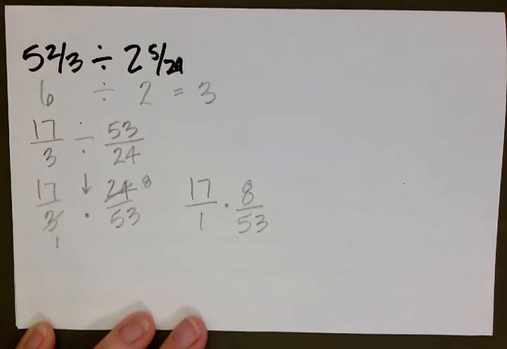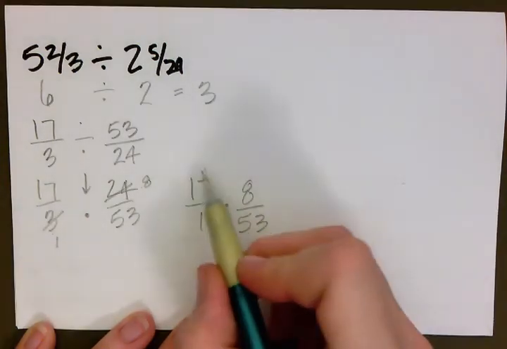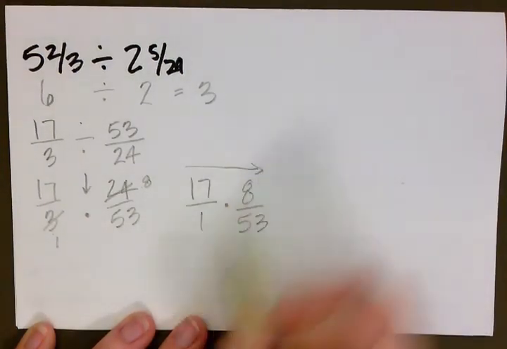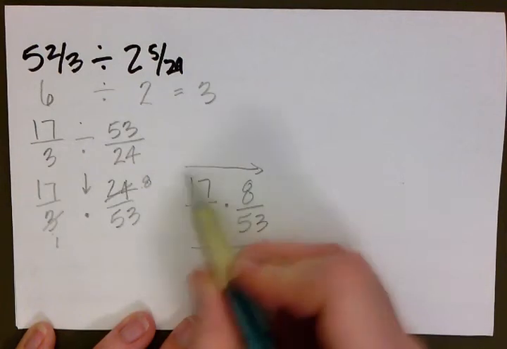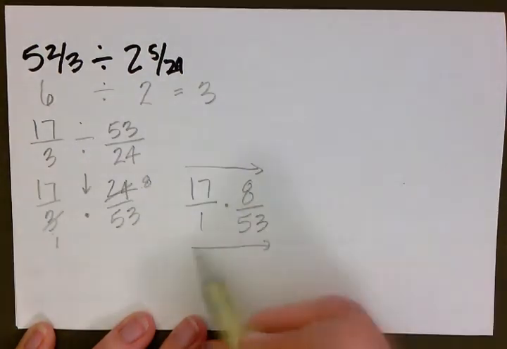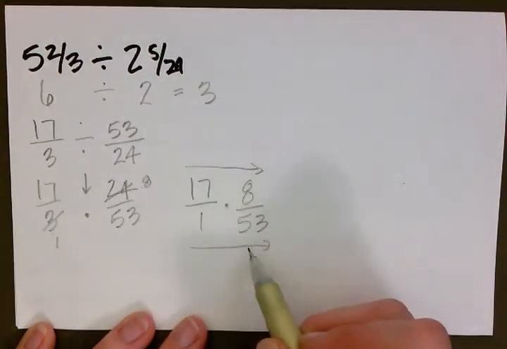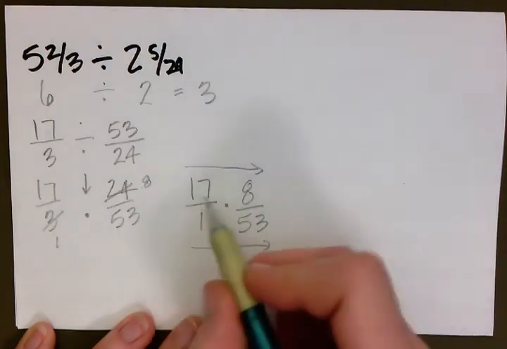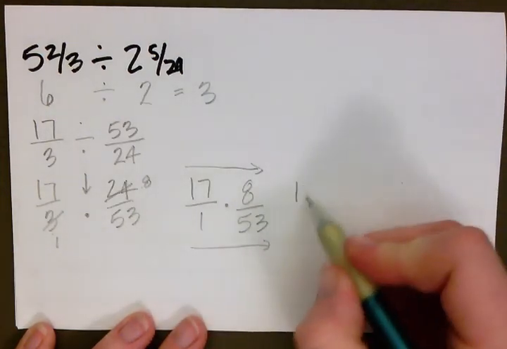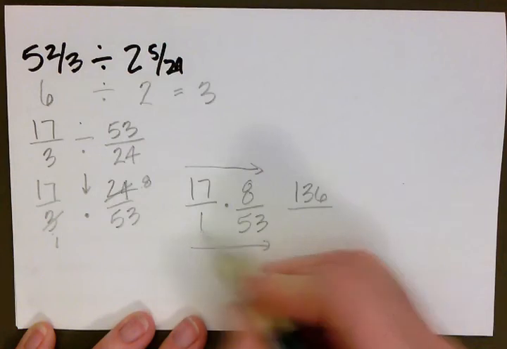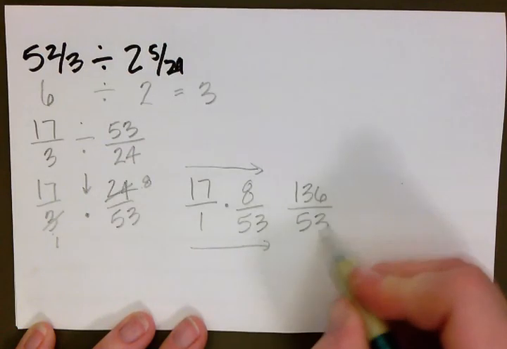It's about all we can do with simplification, so now we're just going to multiply. Remember, when we multiply fractions, we just go straight across, numerator times numerator, denominator times denominator. When we multiply 17 times 8, we get 136, and 1 times 53 is 53.